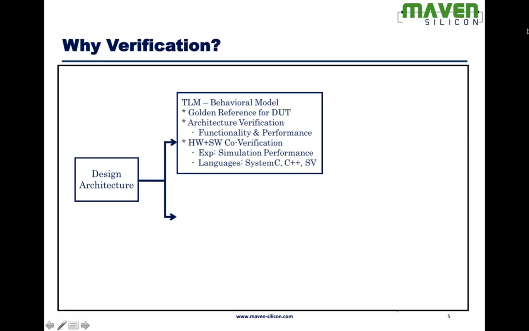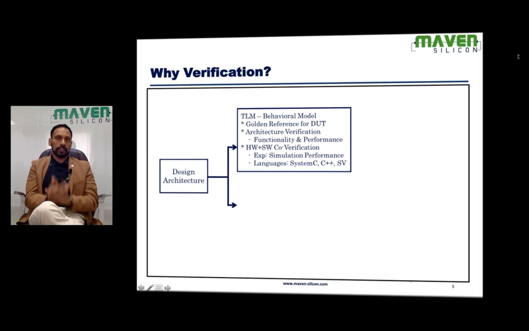Why do we call this TLM? If you look at this functional model, the input is a transaction, the output is also a transaction, and everything is going to happen in terms of transactions. So the input will be a packet, the output will also be a packet, and within the functional model, everything will happen in terms of packets. That's why it's called a transaction level model.